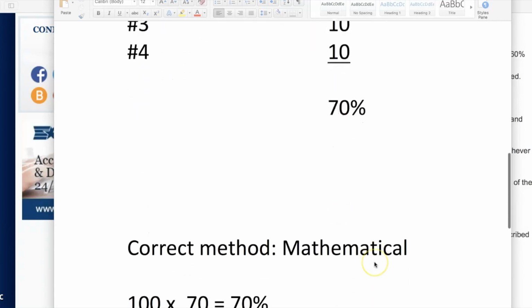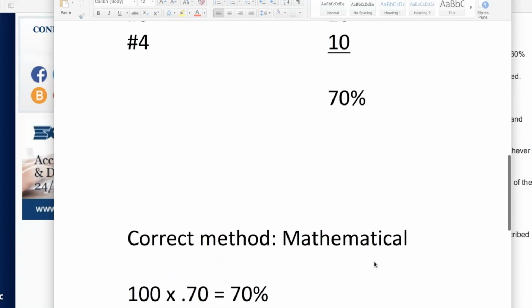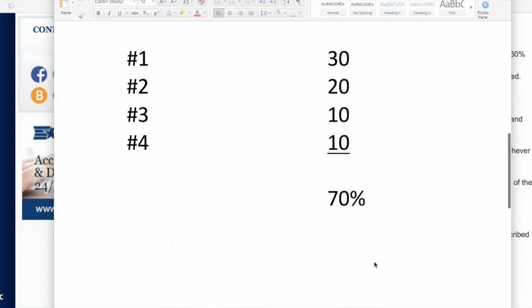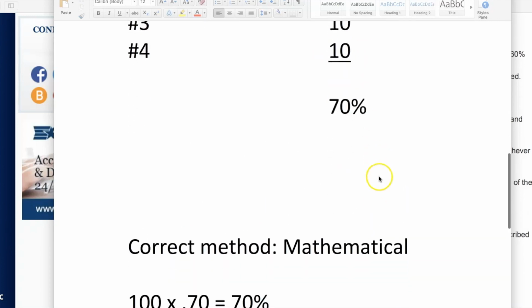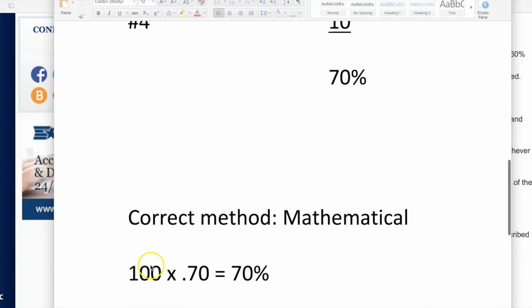So, this correct method, the first thing that we're going to do, so if you remember, 30% is number 1. So I'm going to take you as 100% able times 0.70 is 70%. So now your 30% disability, a lot of people will just subtract this out and say 100 minus 30%, 70%. Okay, that's great, but you still need to be able to multiply here going forward.